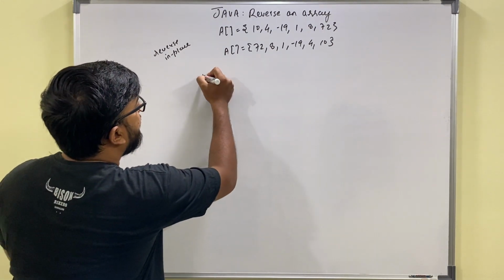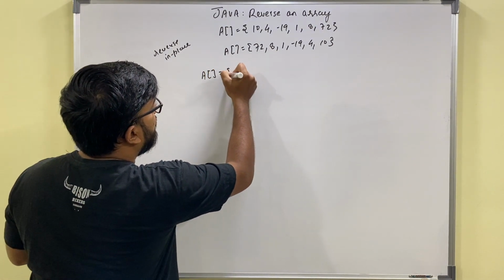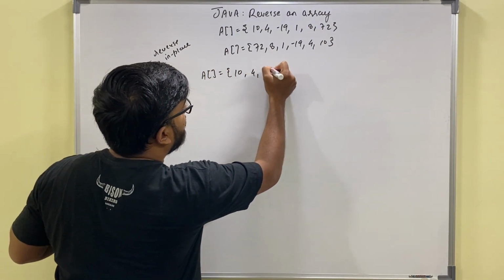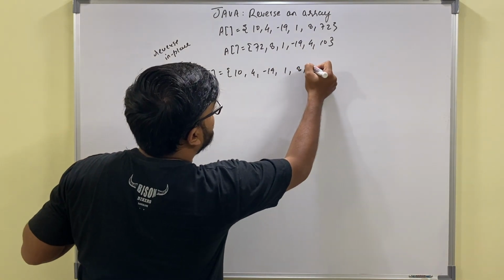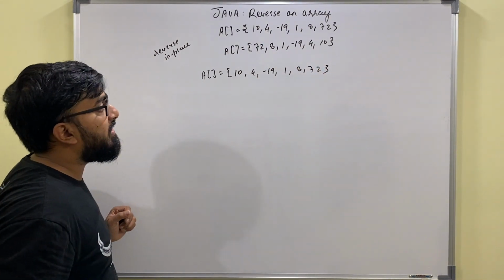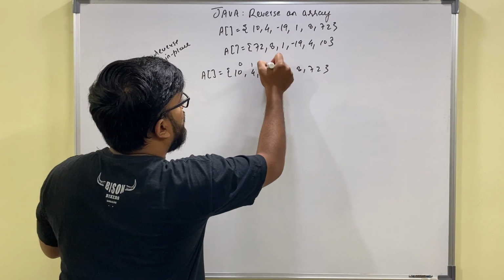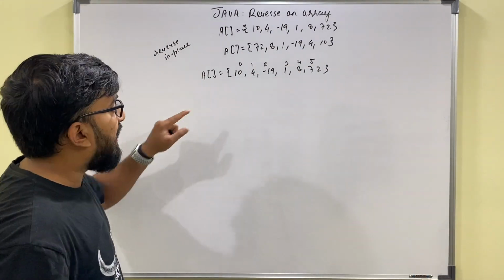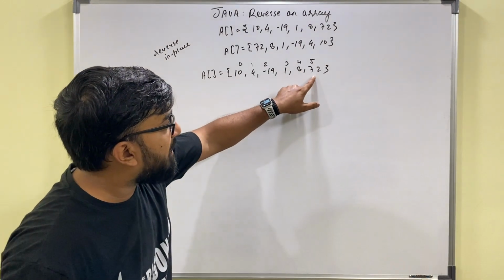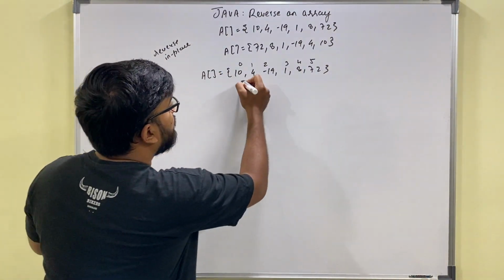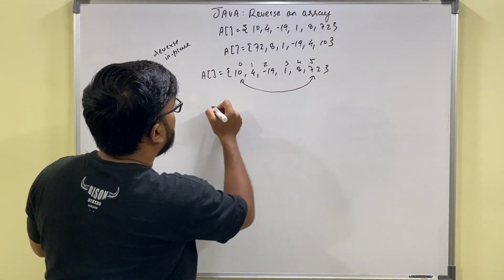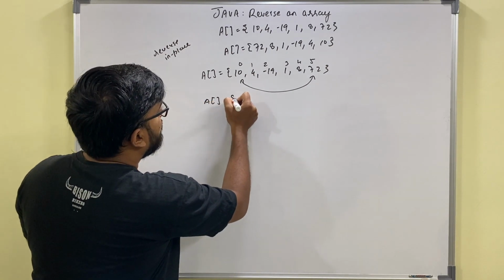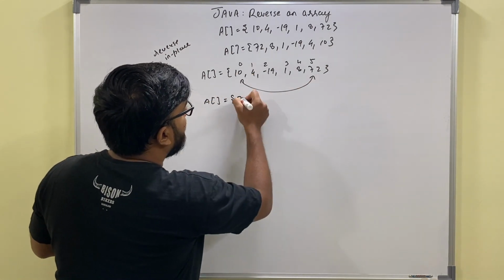So let me write this array A here. It has values 10, 4, minus 19, 1, 8 and 72. Indices are 0, 1, 2, 3, 4 and 5. I swap the first and the last values. So when I swap these two, my array A becomes, at index 0 I get 72.